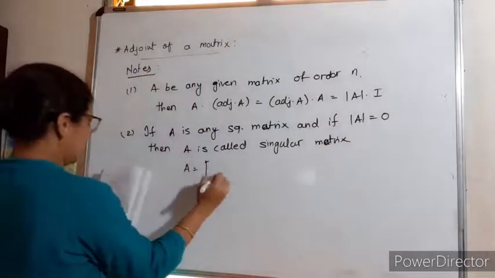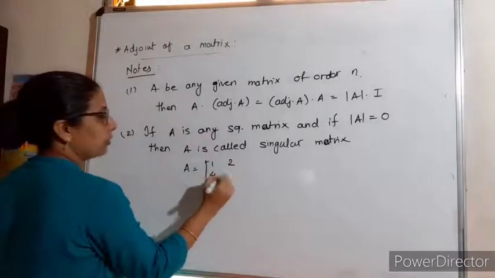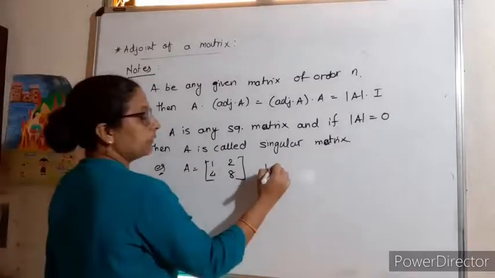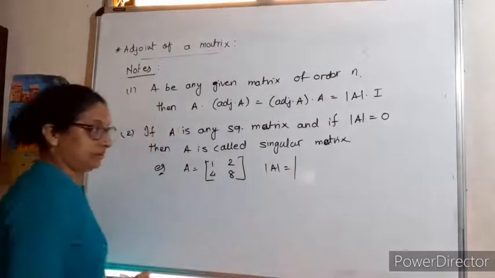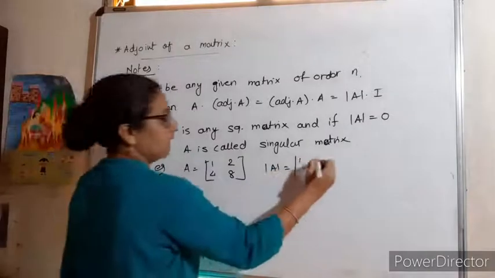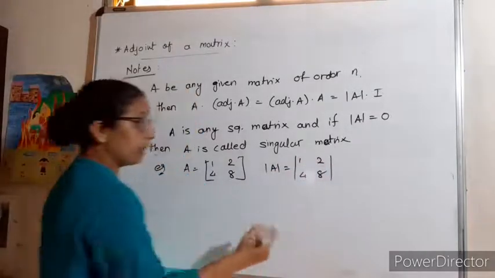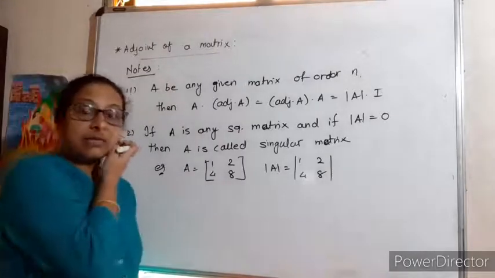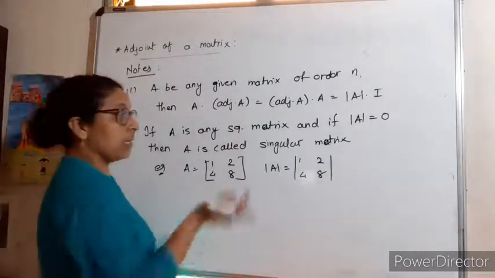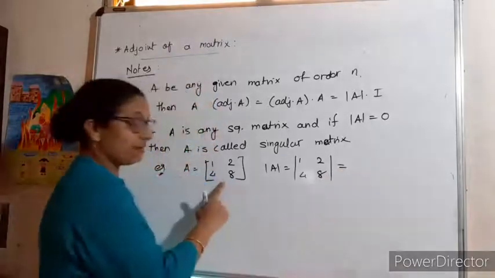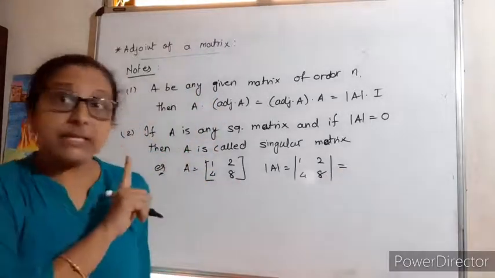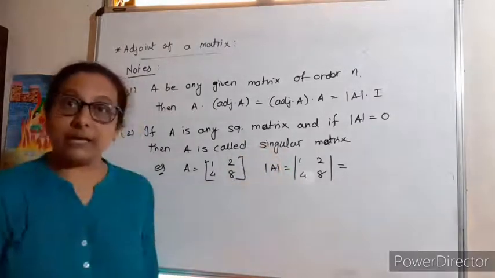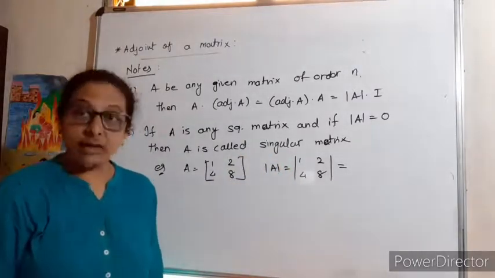Suppose A is equal to 1, 2, 4, 8. For example, I found the determinant of this matrix, that is 1, 2, 4, 8. This is called the determinant of this given matrix. We have to convert the matrix into a determinant. A matrix will not expand; the value of a matrix is not found. But if we write it in determinant form, then we can find its value.